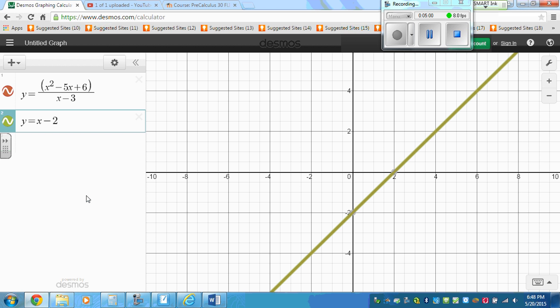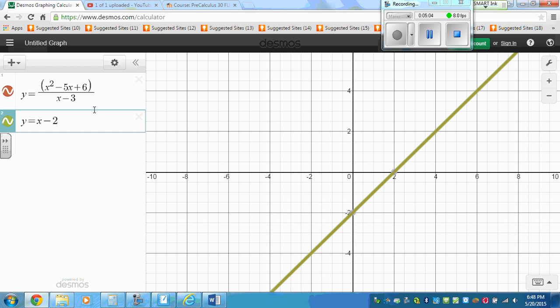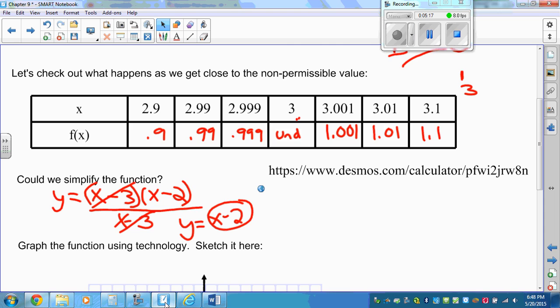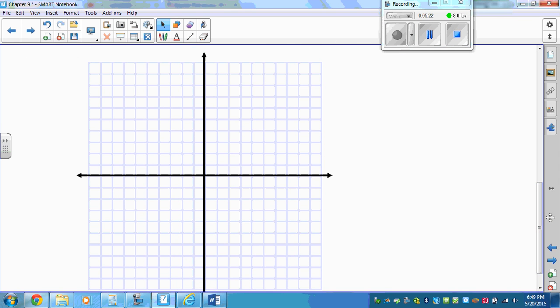Okay, so what we need to do is graph this function, and it said using technology. So we see it's a straight line. The only thing we're going to have to add is that there's a circle right there. It is discontinuous there. So it went from -2 to 2 to give me my slope. At -2 and 2, it looks like we just keep rising.